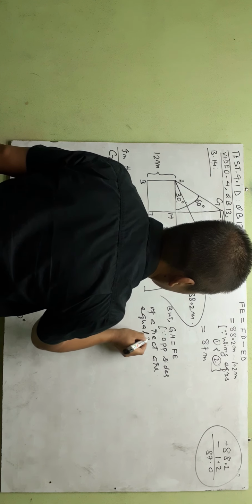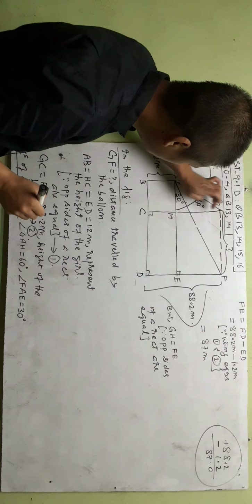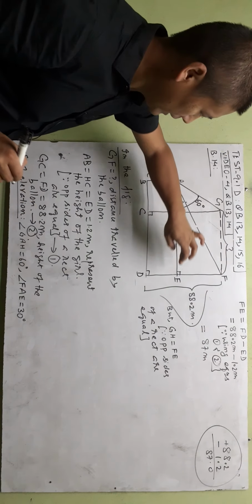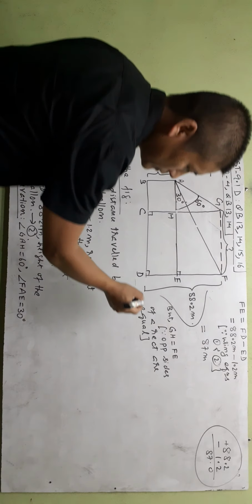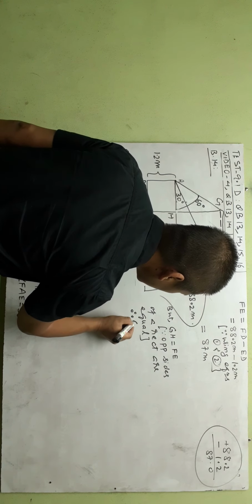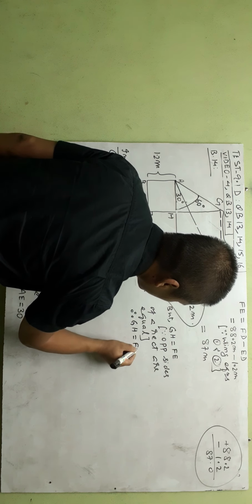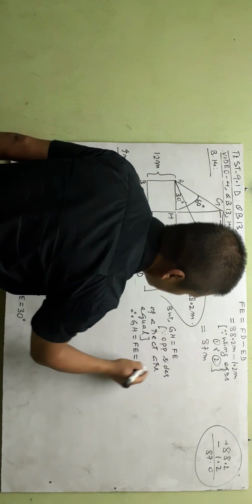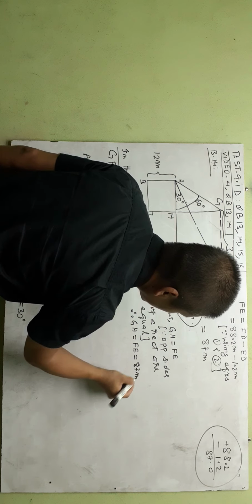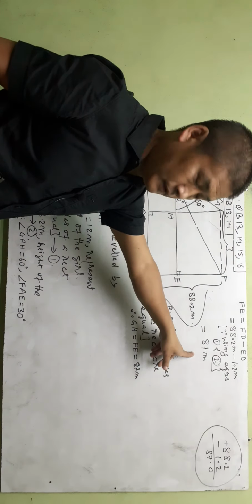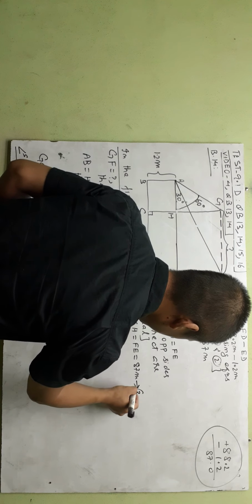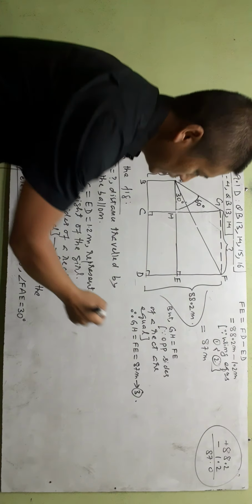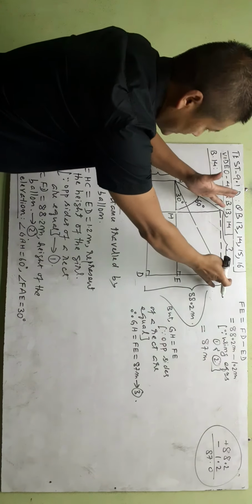You know this by now, that GHEF is a rectangle, right? So GH and FE are opposite sides, so they are equal. So if that is established, then we can write GH and FE, both of which are equal, will therefore be equal to 87 meter, because FE is already 87. We are interested in both, that's why we did that. Question number 3. We need this FE and GH to find this distance GF.